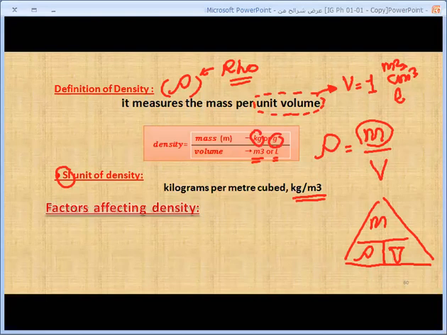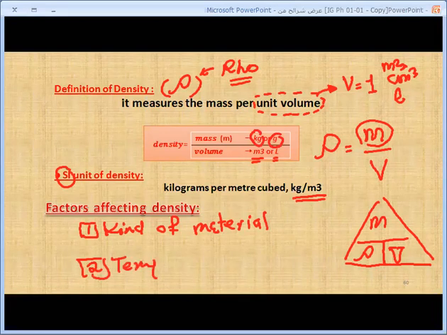Well, so what are the factors affecting the density? Number 1, the kind of material. Number 2, the temperature. These are the factors. Someone may say, no, Mister, the factors are expected to be mass and volume, because we get the factors from the formula.